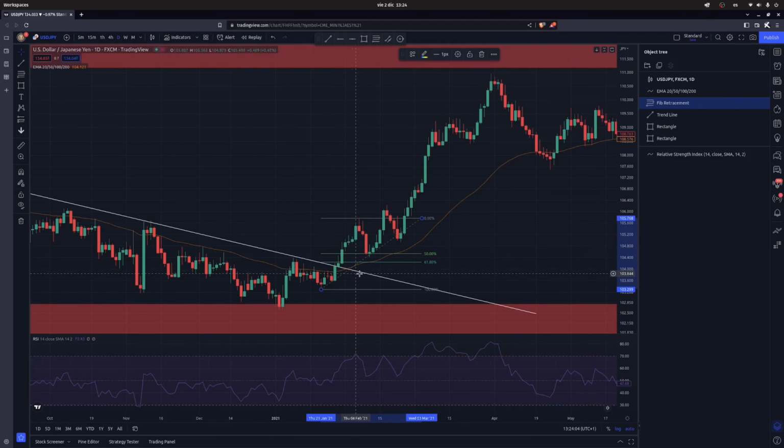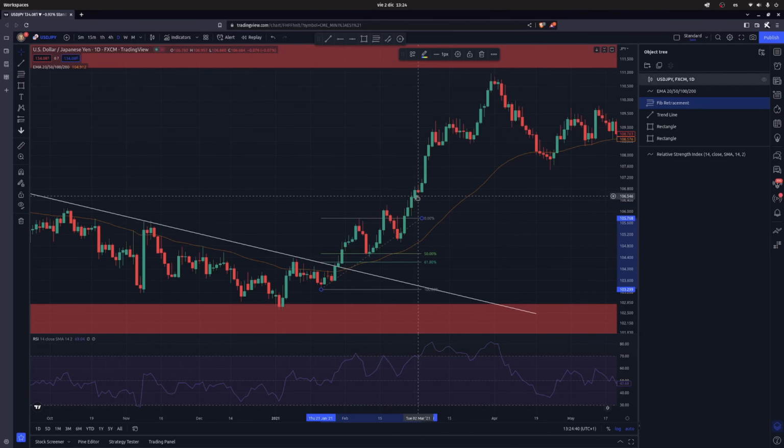So we have here an area of confluence. We have a breakout of both the downward trend line and the 50 EMA. And we made a higher high, a higher low, and this low happened in the value levels of the Fibonacci retracement areas, and then we made a higher high.